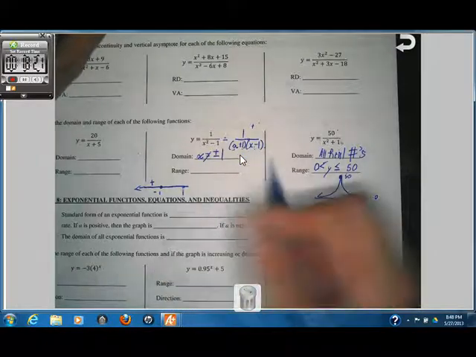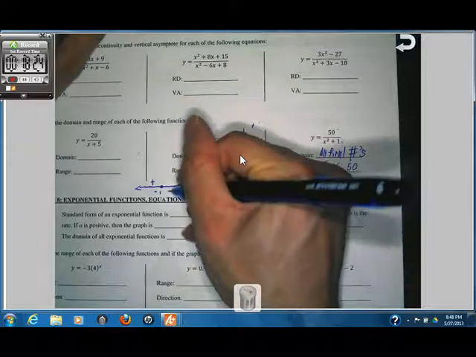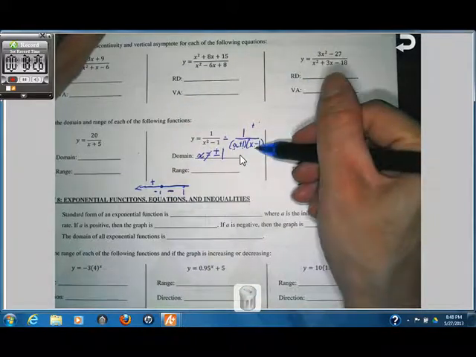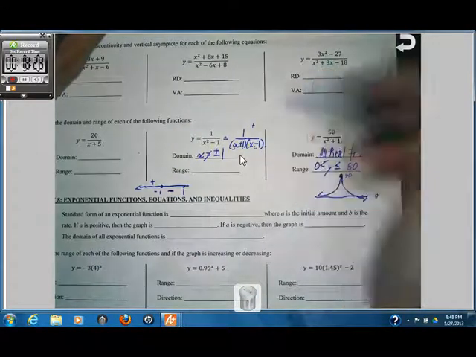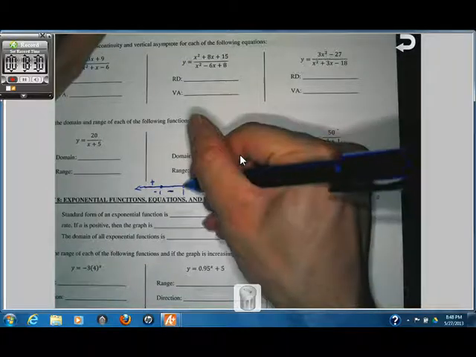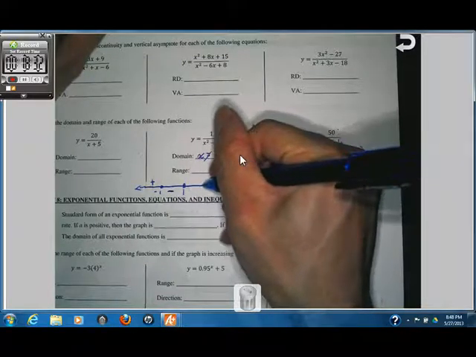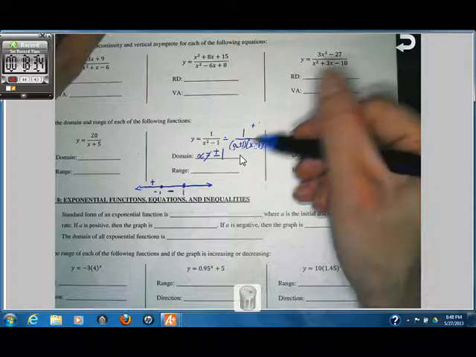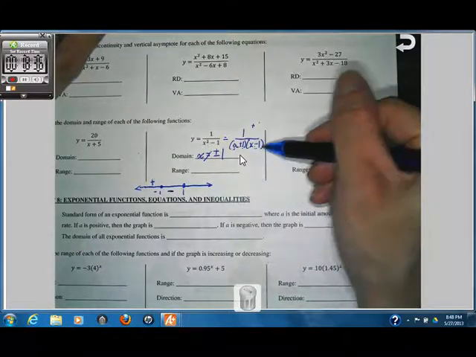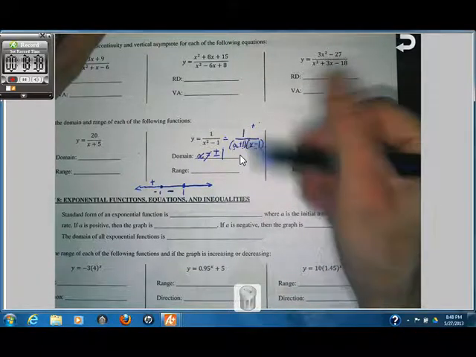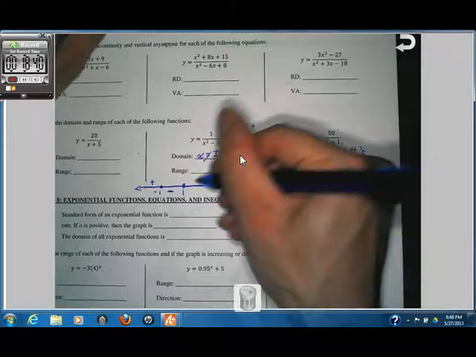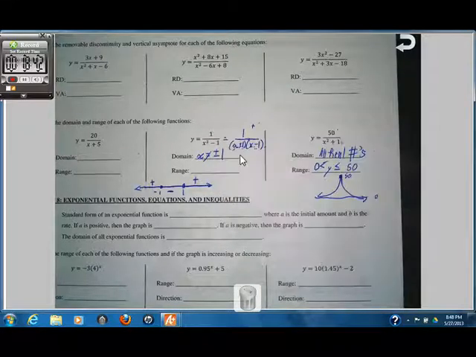But, you know, it just means that in certain parts, you're going to go down to negative infinity. In other parts, you're going to go up to positive infinity. And so you'll see when you graph this thing, it'll look something like this.